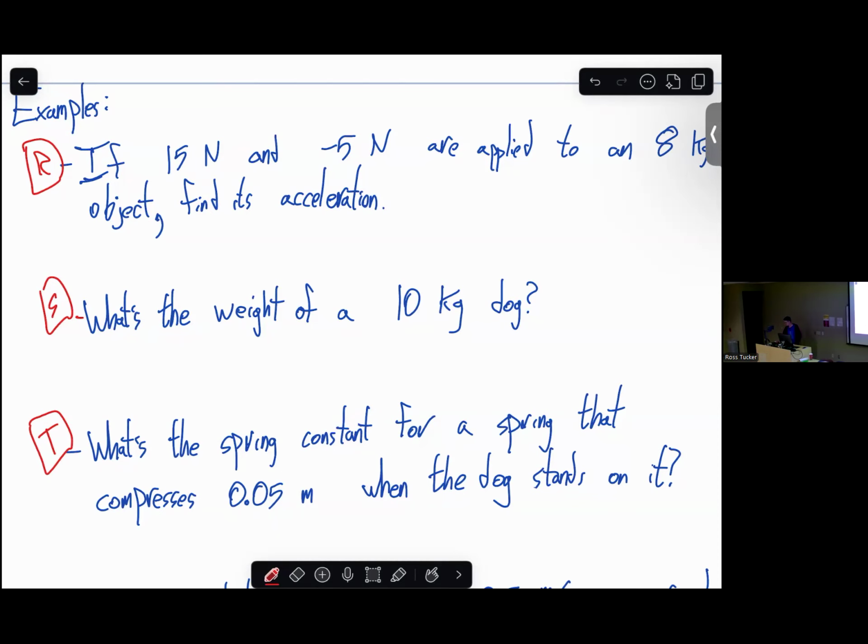Ooh, lots of correct answers for this. Good. Good. And I'm going to round. If you don't round, whatever.